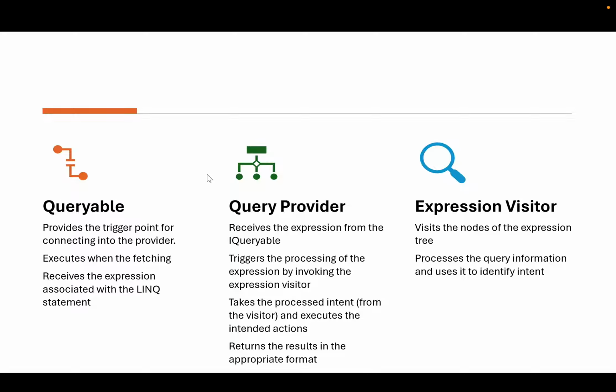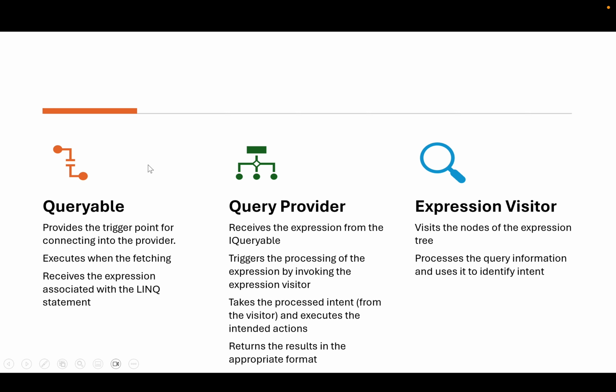Then back in the query provider, you take that processed intent and actually do the thing that the LINQ query is trying to do. Once you get the results back, it's the job of the query provider to return them back to the queryable, which ultimately returns them back to the source.